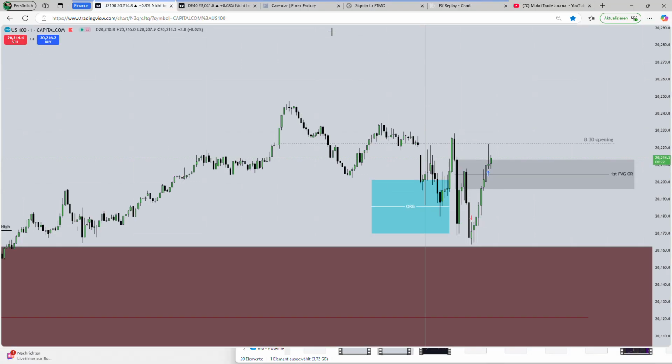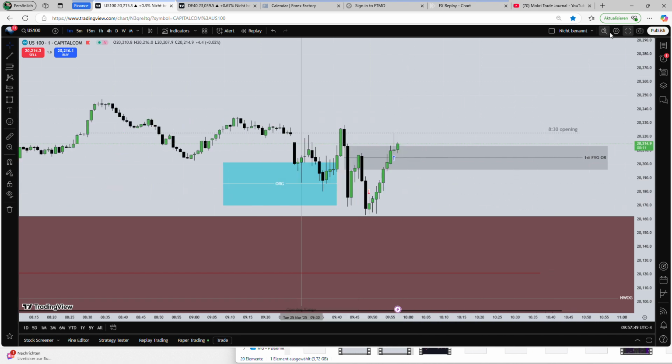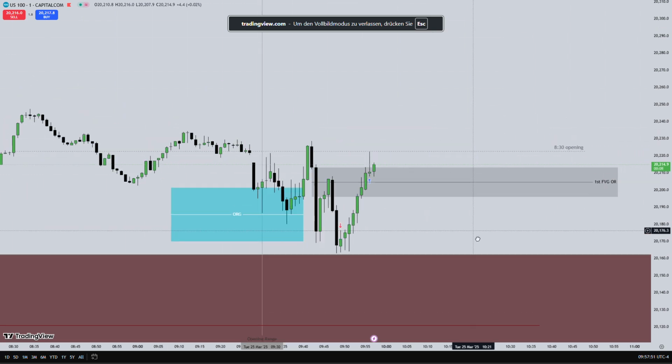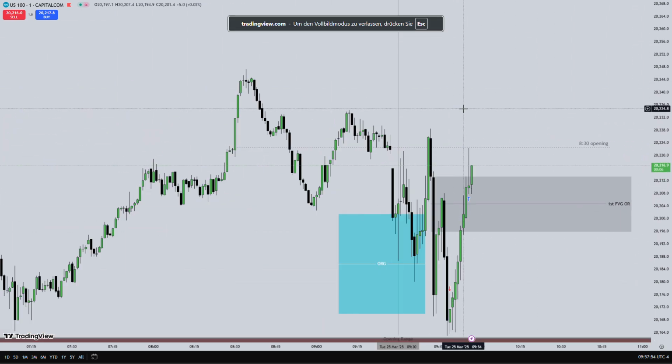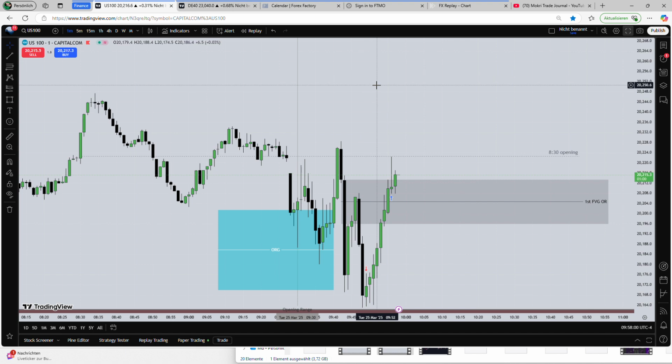So if I am going to use a re-entry, I'm going to make the position smaller because I just had a losing trade. This is a sign for me to enter the market again with a smaller position, because it is possible that I might just be wrong again.